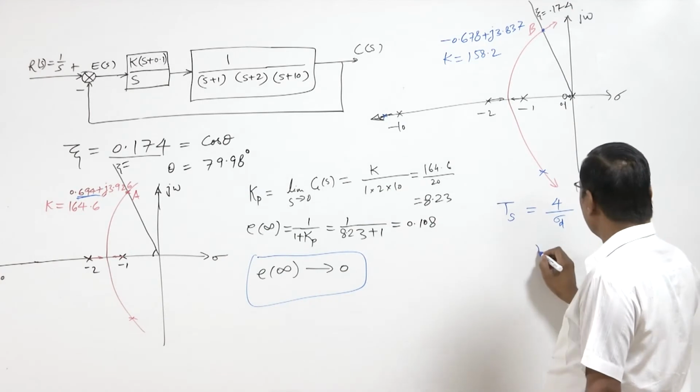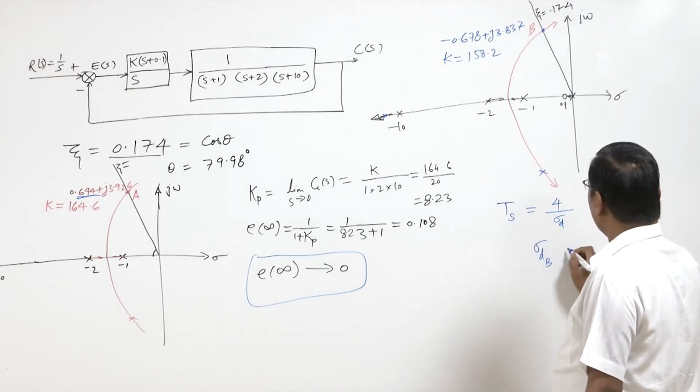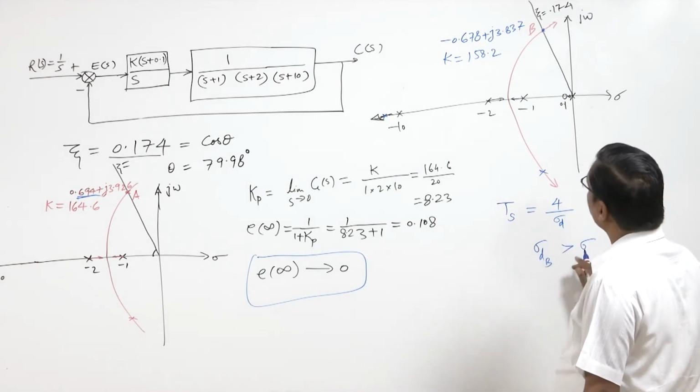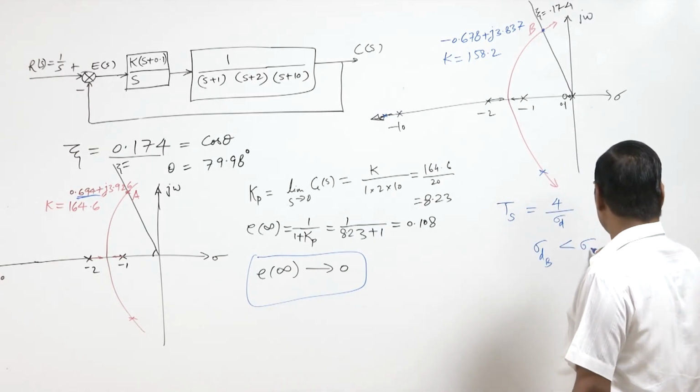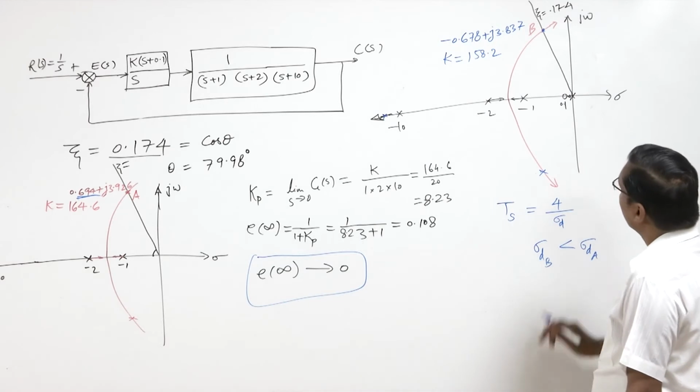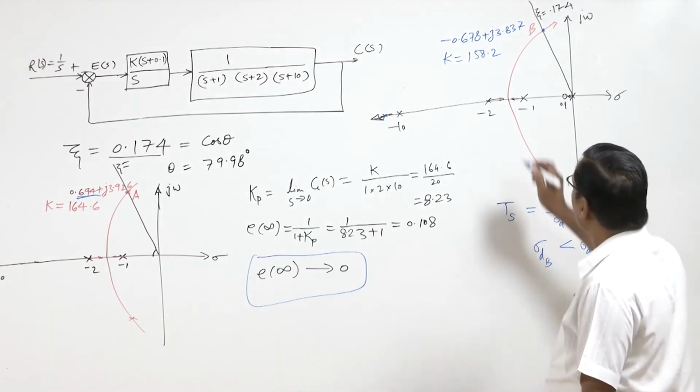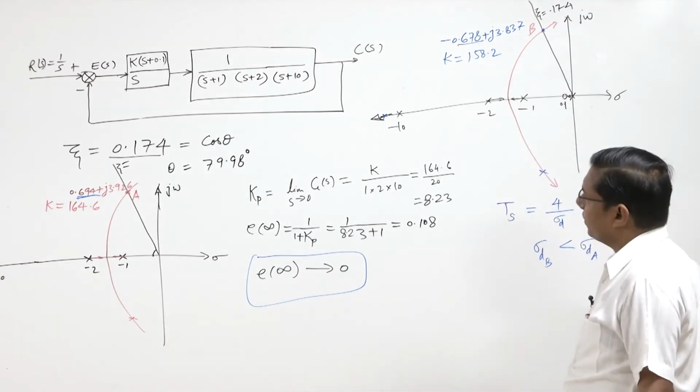So sigma d at B is less than sigma d at A, this point 0.678.